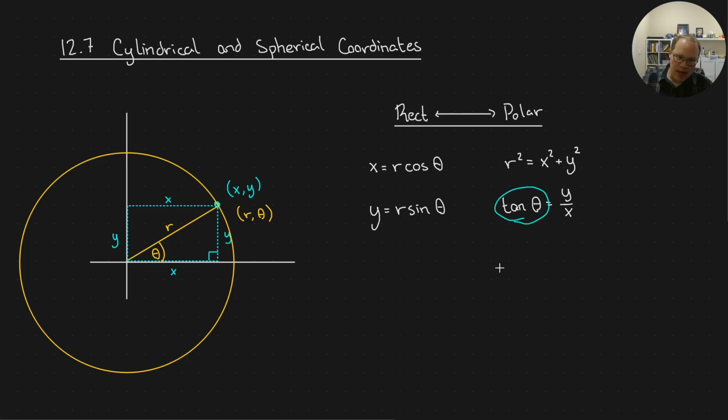There are multiple angles that when I plug them into tangent give me the same value. There are multiple values of r that when squared give me the same r squared, right? If, for example, r squared is 4, then r could be 2 or -2, right? So there are multiple options here. Why are there multiple options? There are multiple options because the description of a point using polar coordinates is not unique.